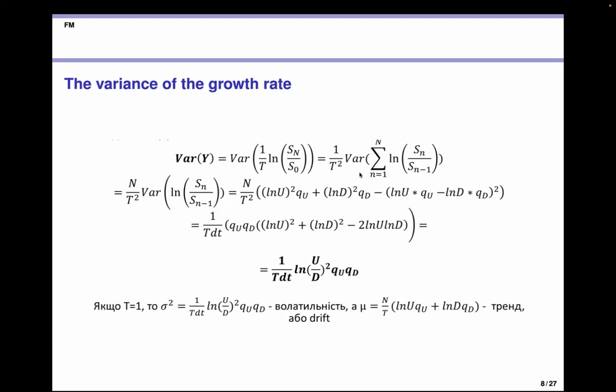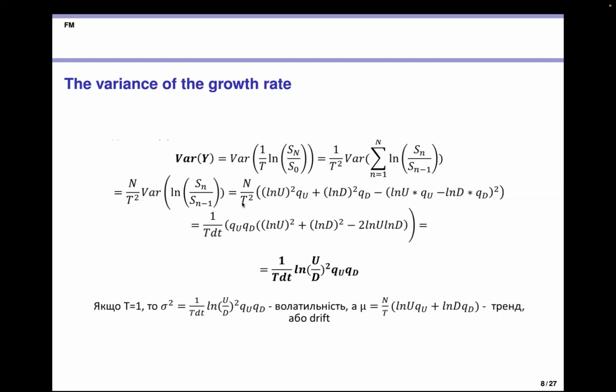And we see that again it is var of ln Sn divided by Sn minus 1. If we find this var, the variance of the sum equals the sum of variances because all these values are independent.